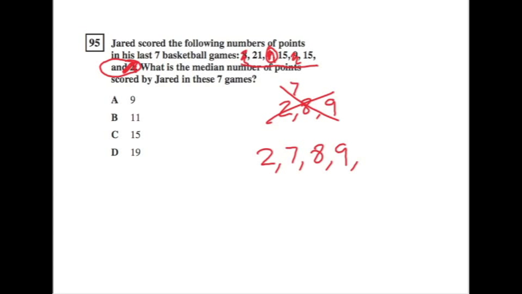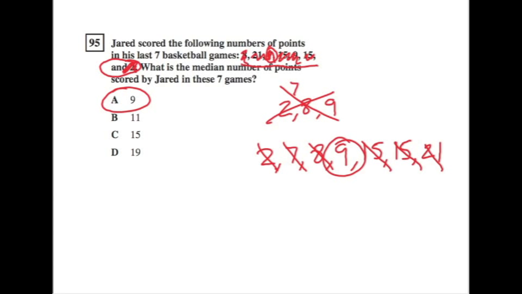So remember, sloppy work leads to sloppy answers. I want to get this one right. Got 2 15s. I got 21. All right, so middle number. Let's cross one out at a time, one each side. Boom, boom. All right, looks like our median is 9. The middle number is 9, so that is the median.